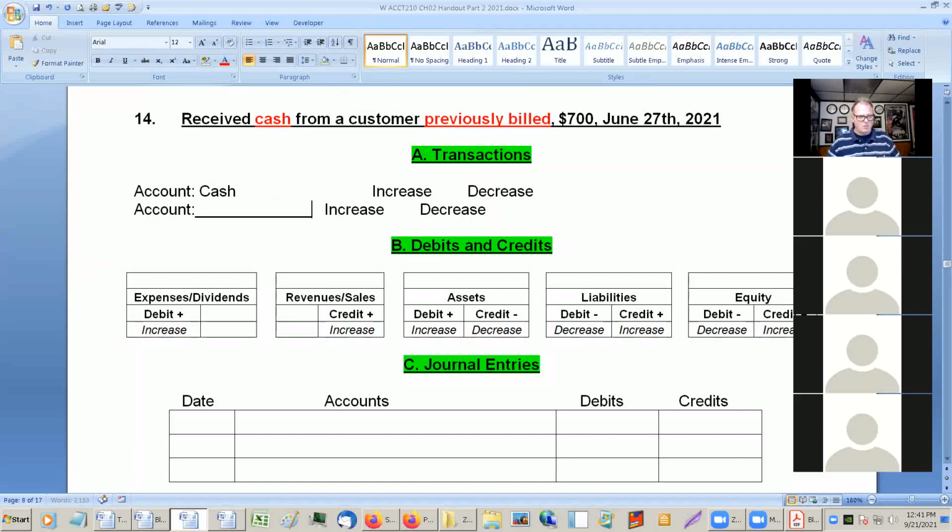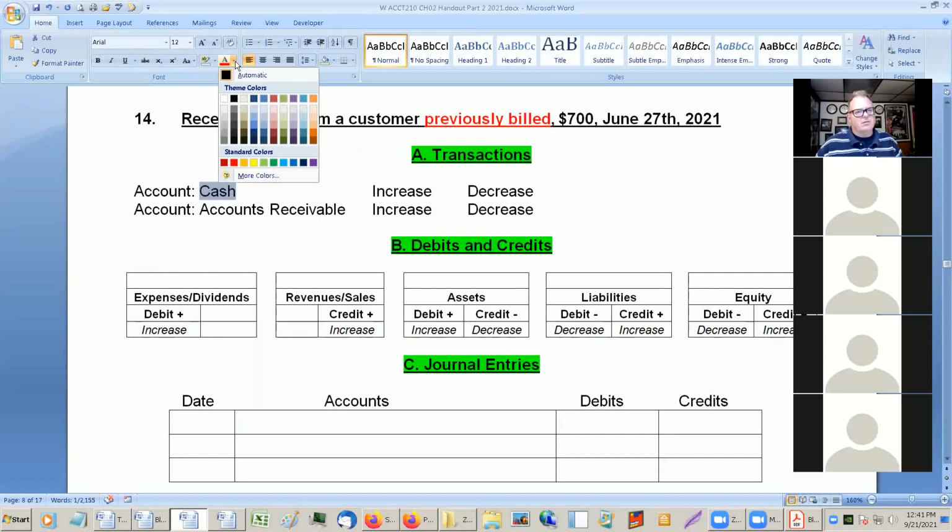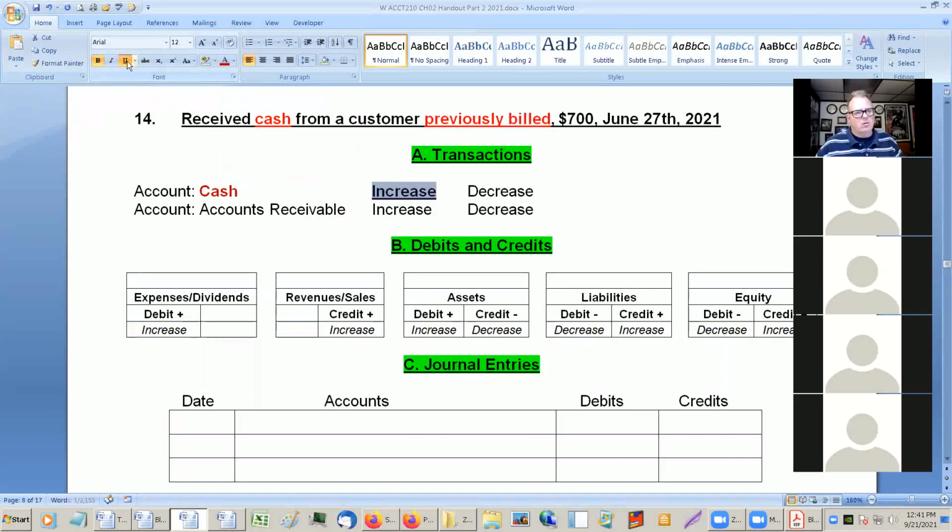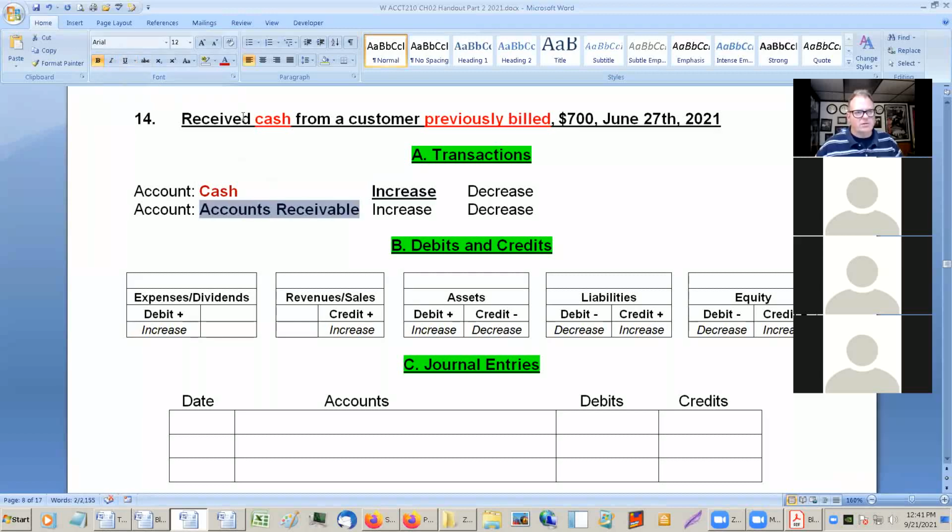Okay, cash and accounts receivable. Cash, increase or decrease? Increase. Accounts receivable? Decrease. Yep, decrease.